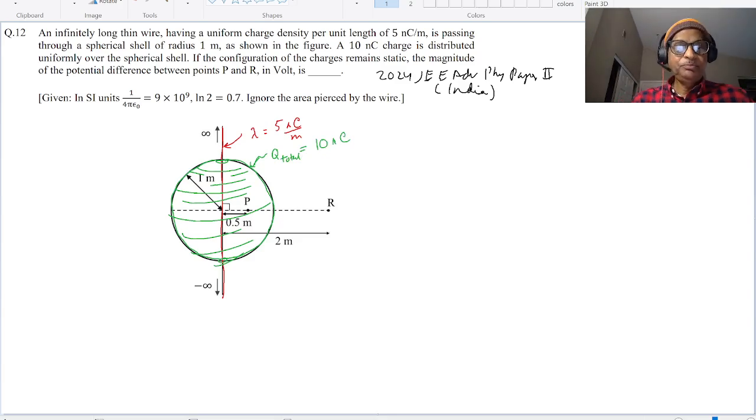Okay, so unless you remember the formulas for electric field and electric potential from these charges, you probably have to work it out.